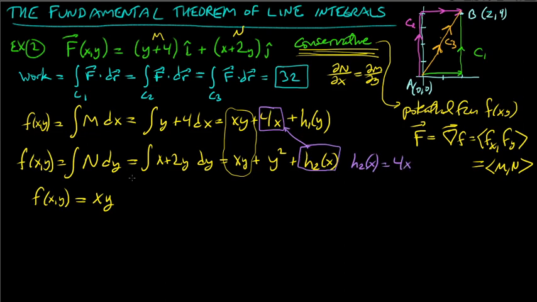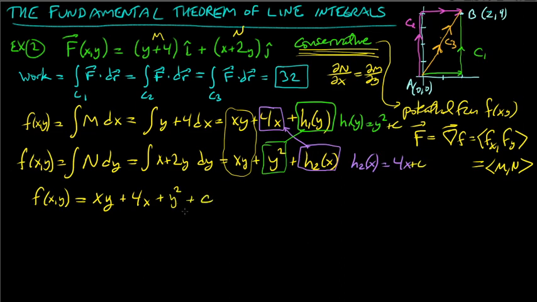And if we do that, then that's going to be the next term, 4x. And there's another term, y squared, but that's only a function of y. So why don't we let h1 of y just be y squared? And so that'll be our last term for all three of these. So xy plus 4x plus y squared. Oh, and don't forget, each of these can also contain a constant, so plus c. C for constant, not for curve in this case.